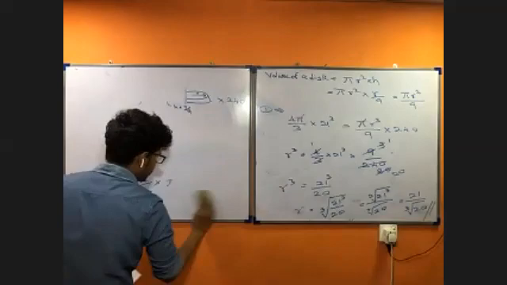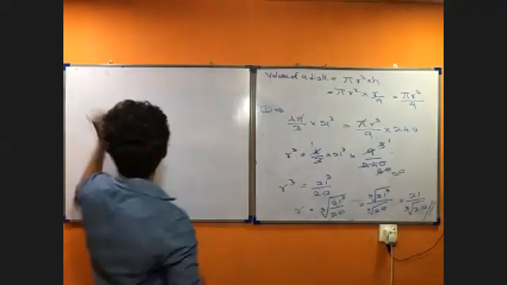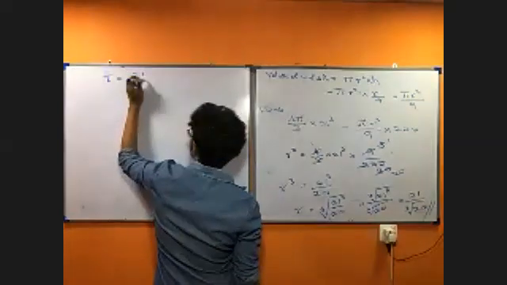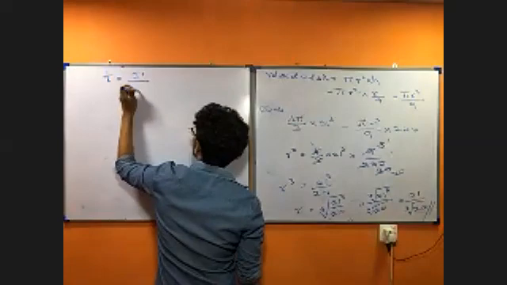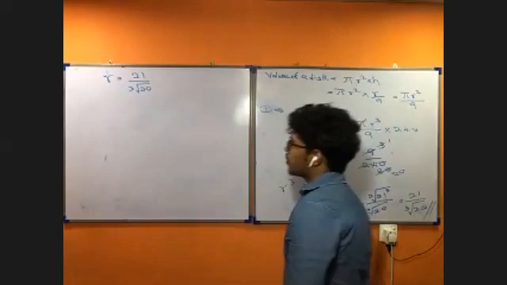Okay, so now we know R is equal to 21 divided by third root of 20, right? So I'm going to take log.